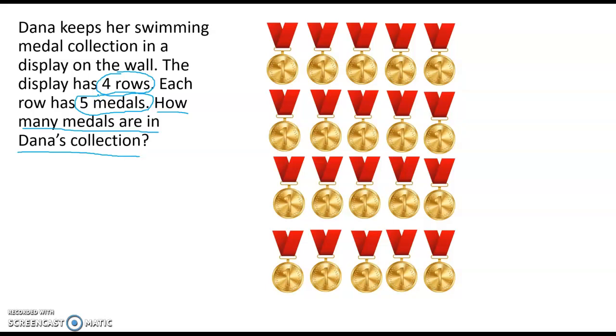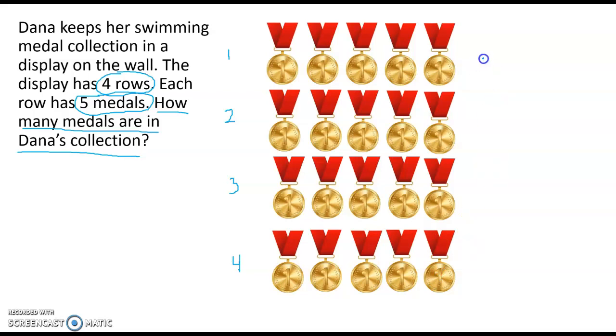So we can turn that into an array. I've got row 1 over here, row 2, row 3, and row 4. 4 rows. How many are in each row? 1, 2, 3, 4, 5. 1, 2, 3, 4, 5. 1, 2, 3, 4, 5. And 1, 2, 3, 4, 5.